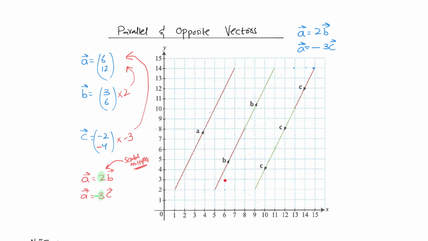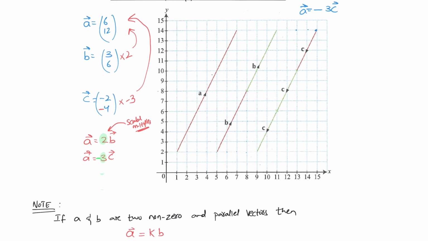The line for vector A, the line for vector B and the line for vector C are parallel to each other. So when vectors are parallel, one of the criteria is that they should be scalar multiples of each other. We are going to start our discussion from here.